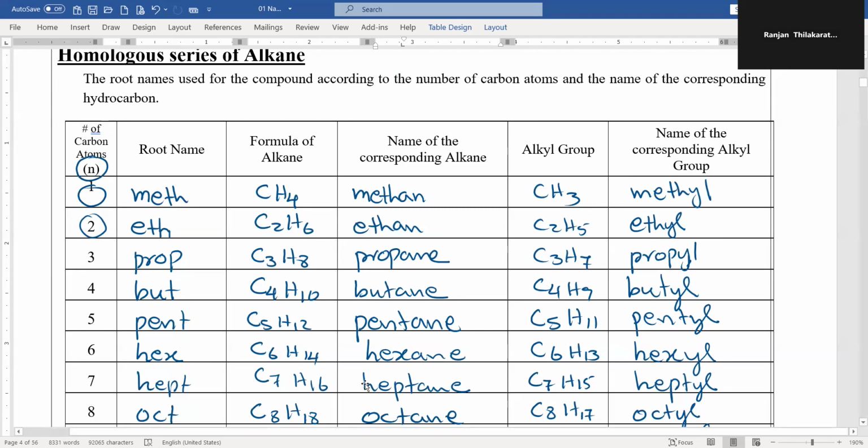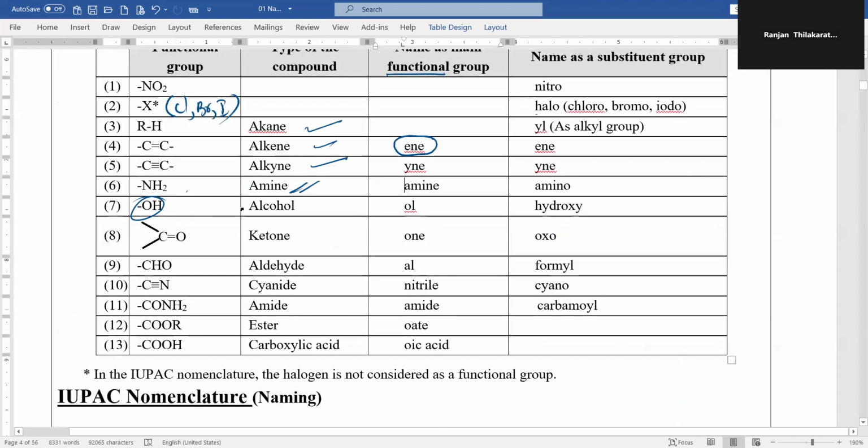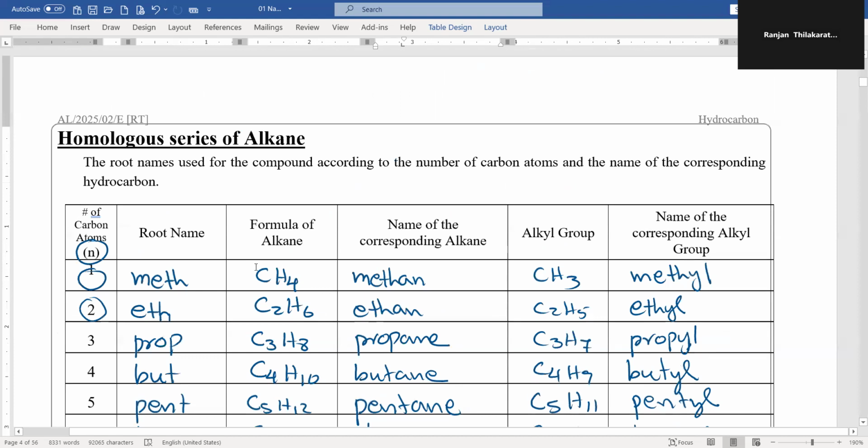And we have rules for naming of alcohol, and we will study them later under the alcohol lesson. So in the name, we are adding a suffix to the parent chain, which we call the root name.